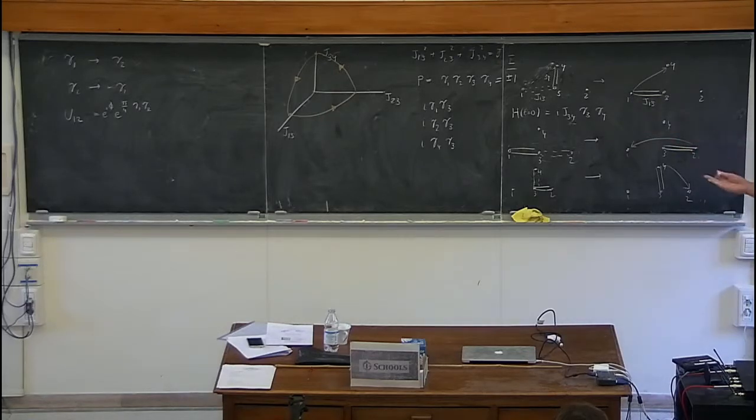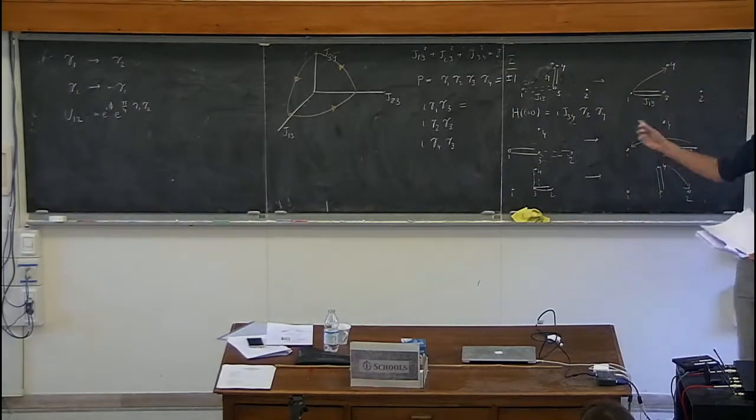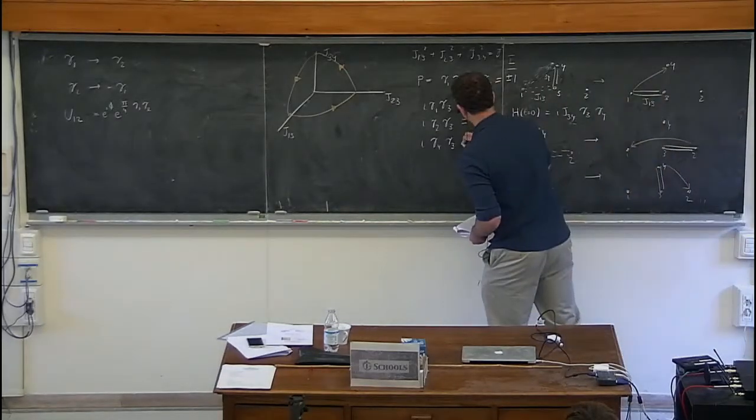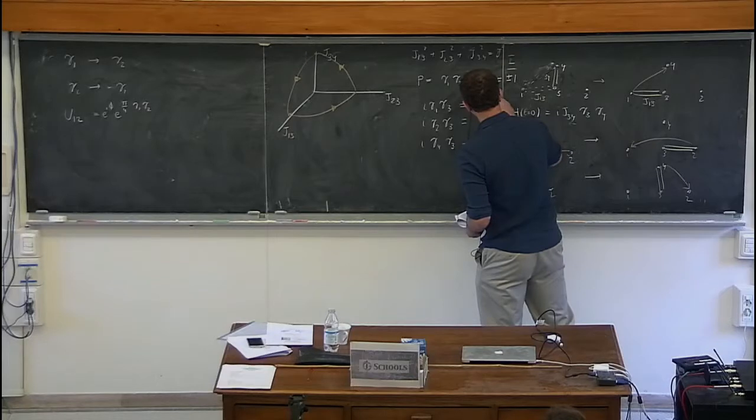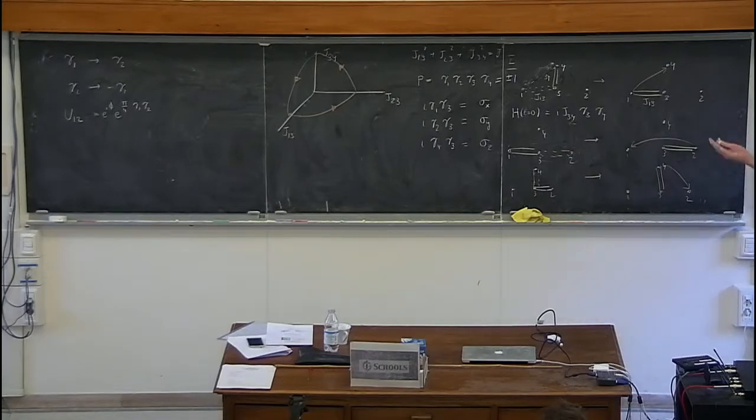That's exactly the algebra of Pauli matrices. So within this 2 by 2 subspace, I can represent these three operators as sigma x, sigma y, and sigma z. That's the way these operators act on my two-dimensional space.